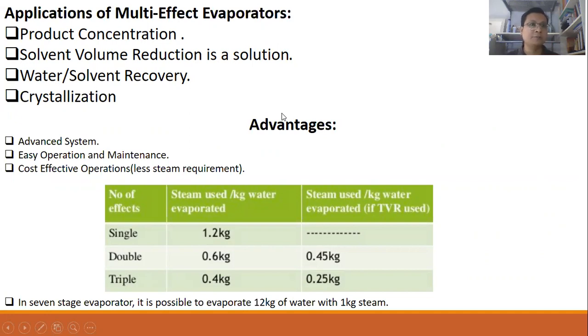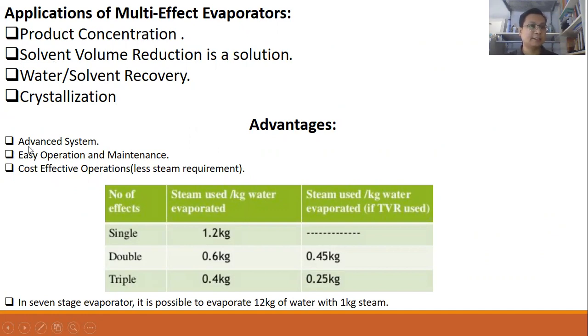Solvent volume reduction is one solution, then water solvent recovery and crystallization. By reducing the temperature, maybe we can make a product crystallize, like sugar.